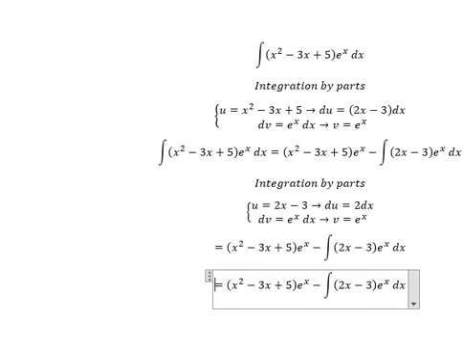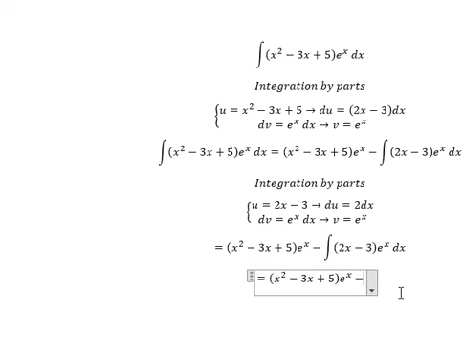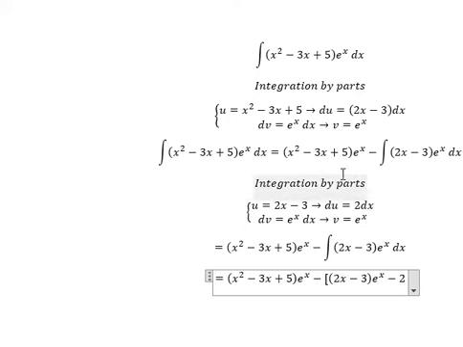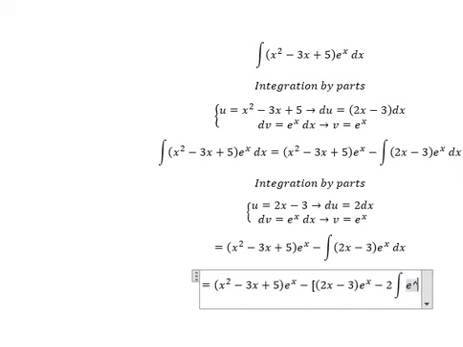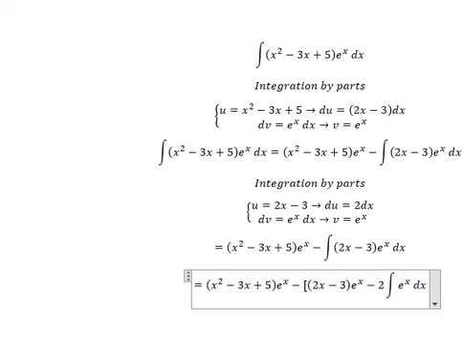Now about this one, we have u multiplied by v, so that should be 2x minus 3 multiplied by e to the power of s, minus number 2, and we have the u multiplied by v, and we have the integration of e to the power of s ds.